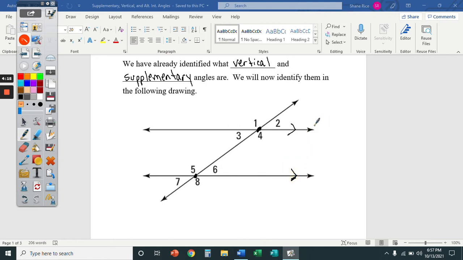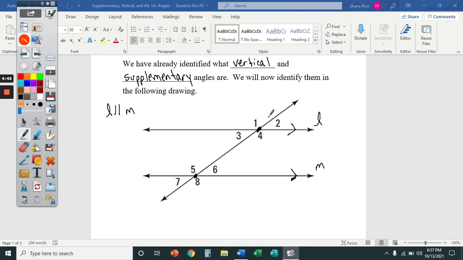Typically they call this line L and this line M, and they'll say L is parallel to M. That's how it's written. Either that or they'll have 2 arrows on one side. That lets you know these lines are parallel. If the lines are not parallel, you cannot use these relationships that we're going to be talking about.